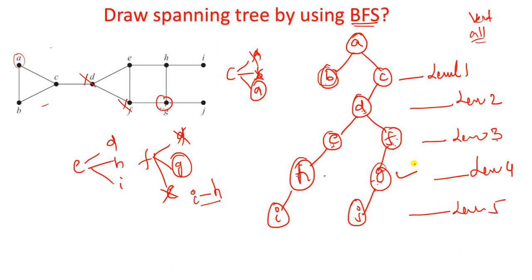So that's it. There are no other elements in level 5. We should stop here because no other vertices are pending. There is no need for backtracking in this BFS, because we write down all the incident vertices for a particular vertex. So this is our spanning tree.